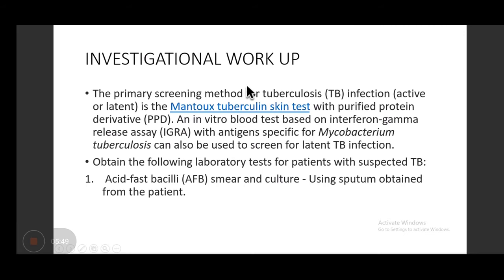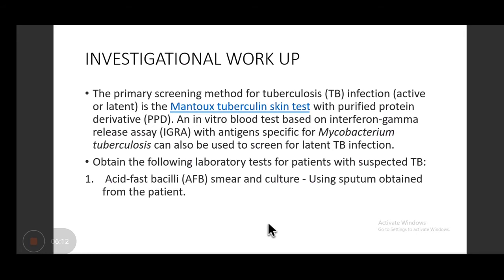Now we'll study in detail about the screening and diagnostic tests that we do in tuberculosis. So we did Mantoux, right? And we got 15 mm induration. What does that mean? We'll study about all of that, right? So the primary screening method for tuberculosis infection, active or latent, is the Mantoux tuberculin skin test with purified protein derivative.